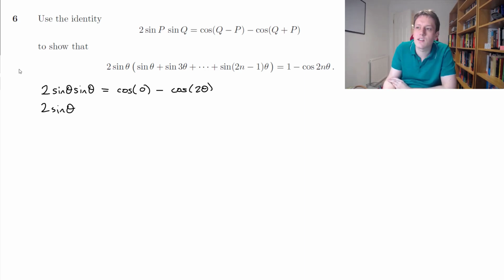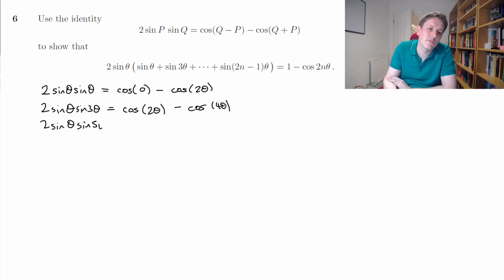If I look at the next term, 2 sin θ times sin 3θ, then I would get cos(3θ − θ), which is 2θ, minus cos(3θ + θ), which is 4θ. And if I keep doing this, we're going to get a lot of cancellation when we add all of these together.